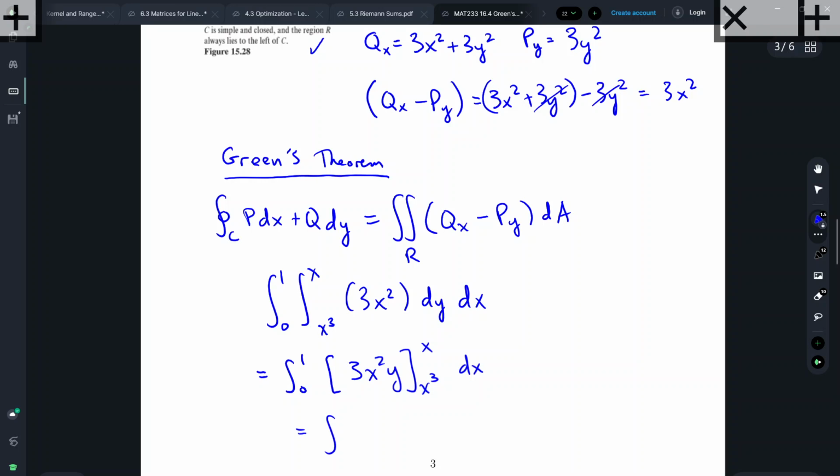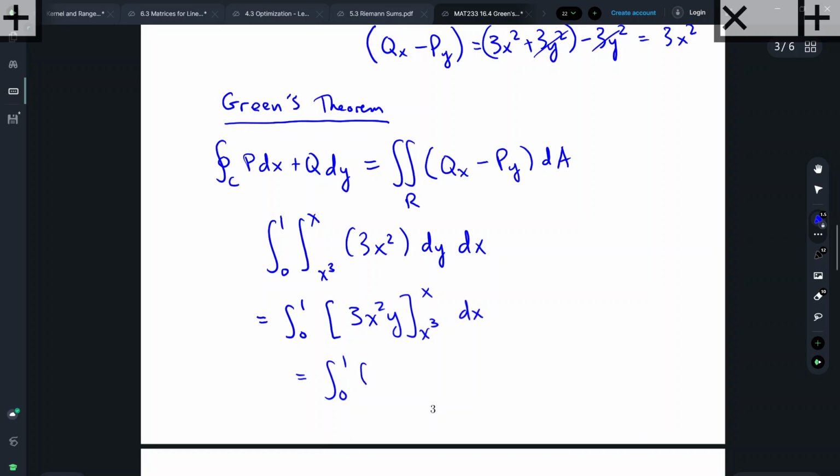Okay, so we have the integral from 0 to 1. Now we plug in. We're plugging x in for y, right? So it's 3x squared times x minus 3x squared times x cubed.